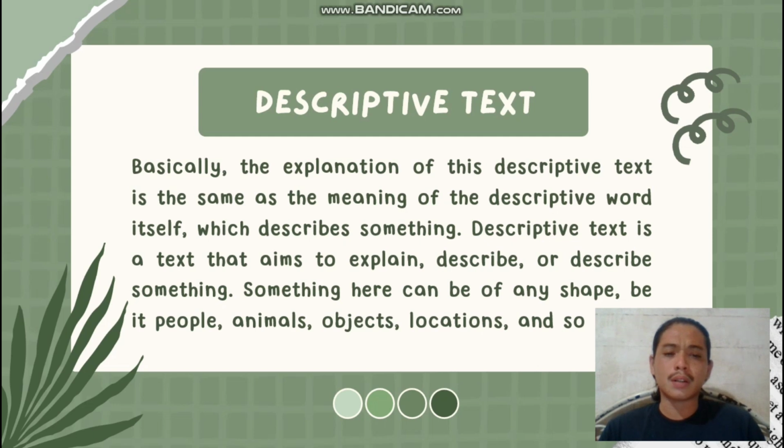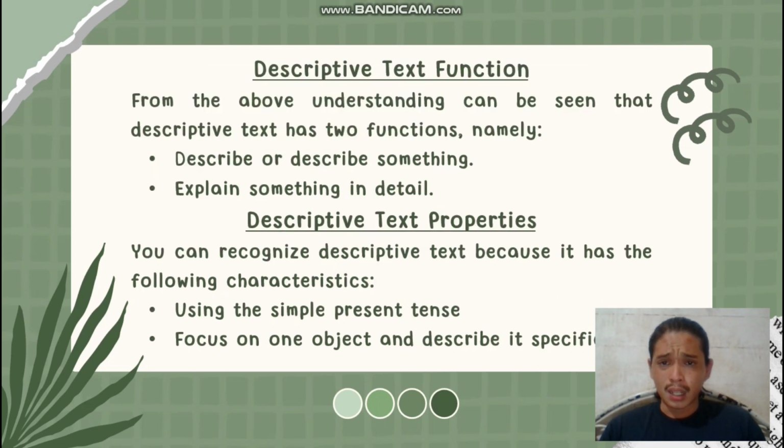Something here can be of any kind, be it people, animals, objects, locations, and so on. Descriptive text function. From the above understanding, it can be seen that descriptive text has two functions, namely to describe something and explain something in detail.